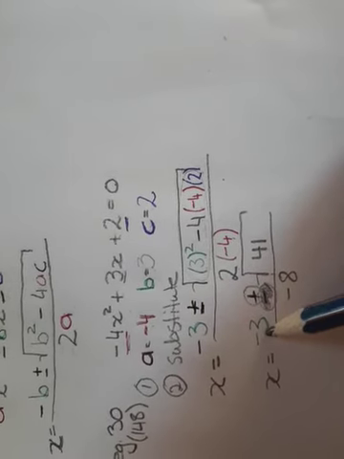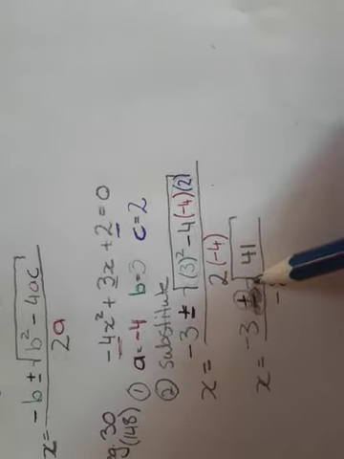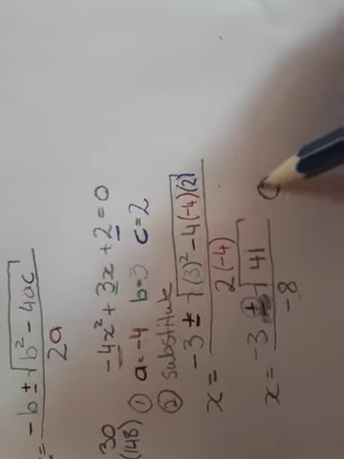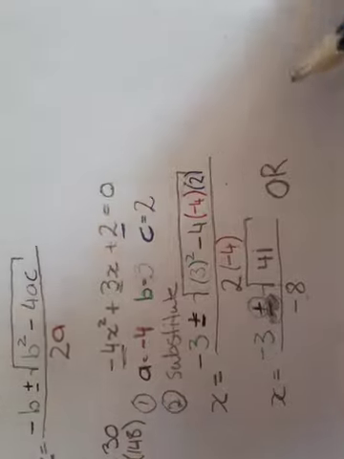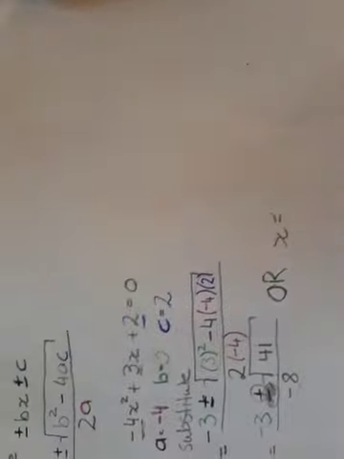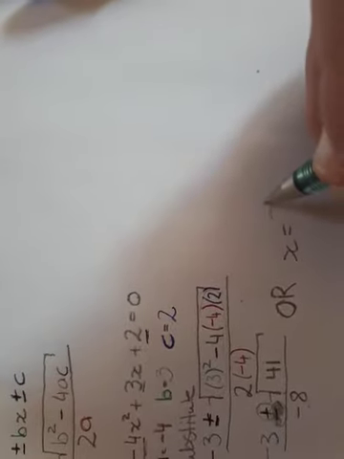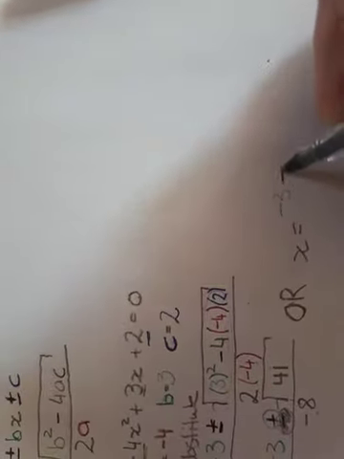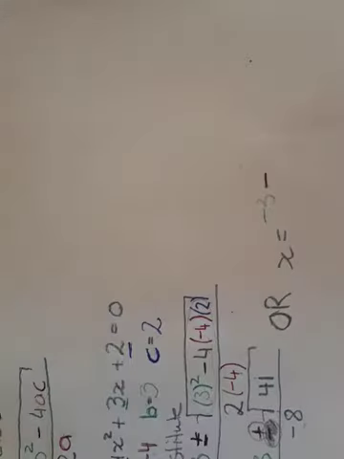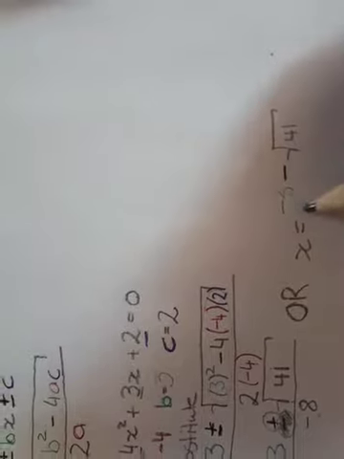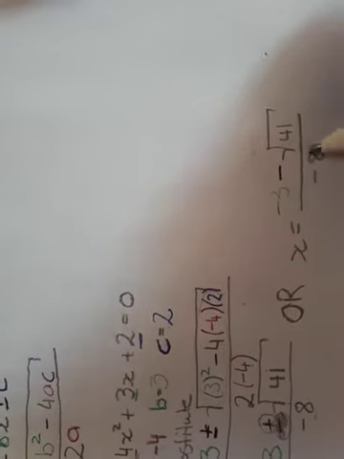So x is either negative 3 plus the square root of 41 over negative 8, or x equals negative 3 minus the square root of 41 over negative 8.